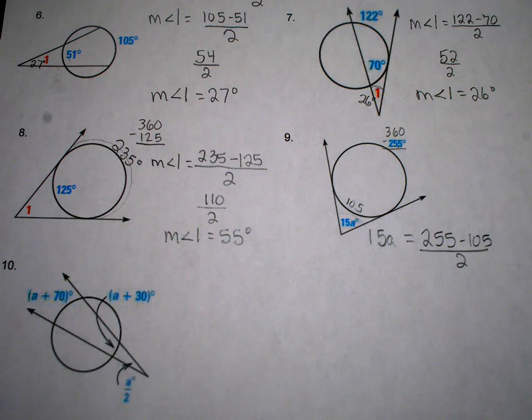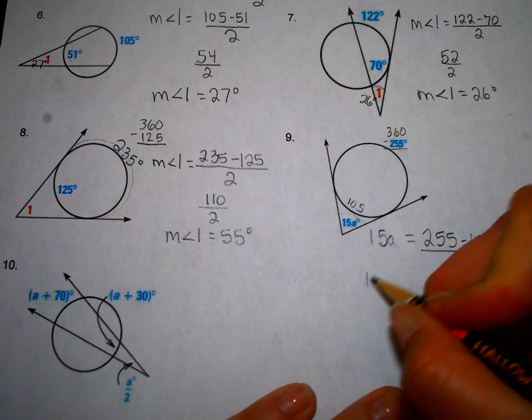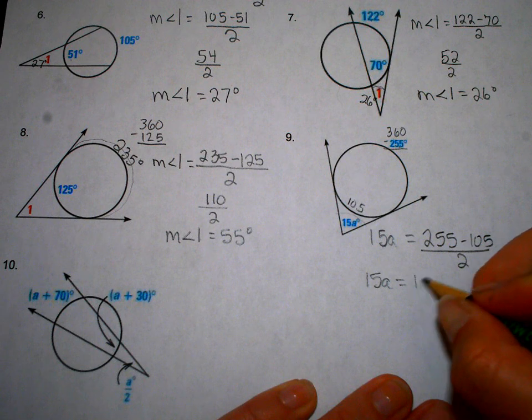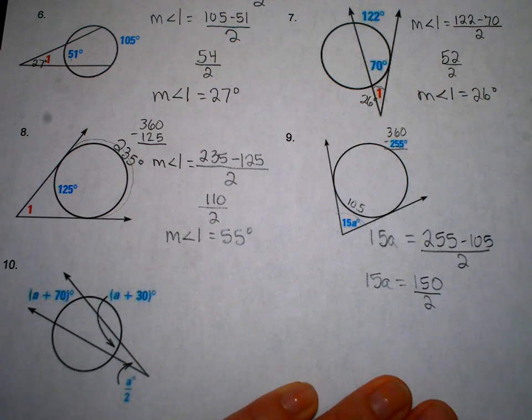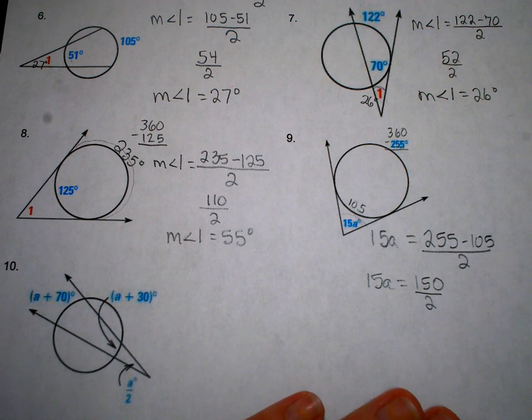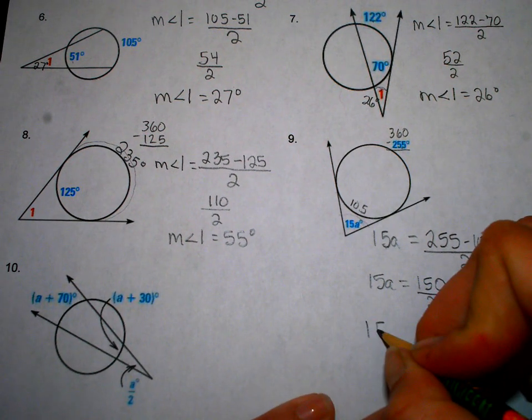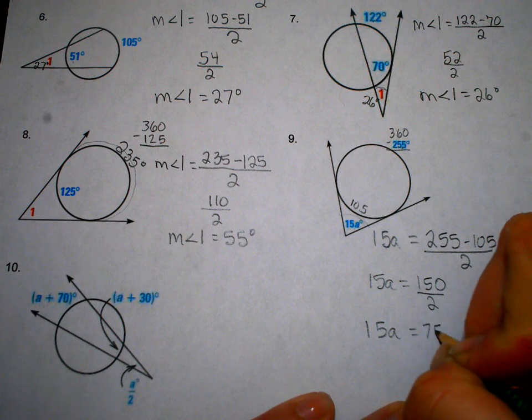Let's subtract 255 minus 105 first. 15A equals 150 divided by 2. I need to get rid of the 2. Or I could just say, it's half of 150, guys. 75. 15A equals 75.